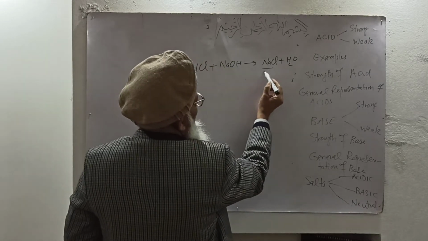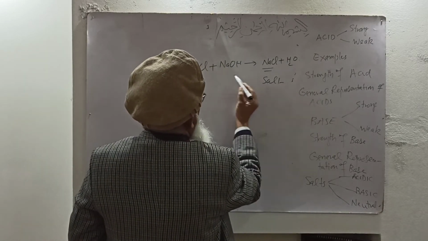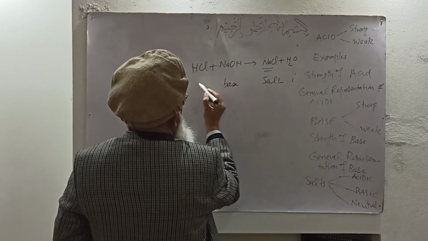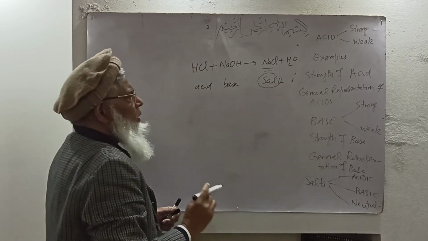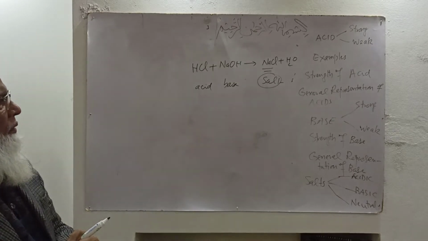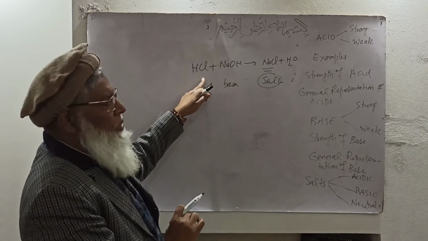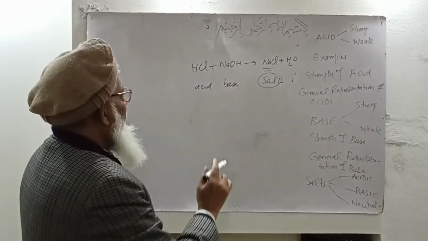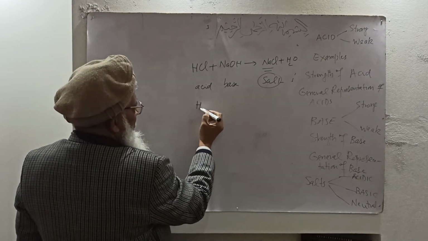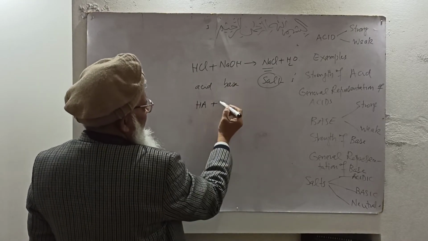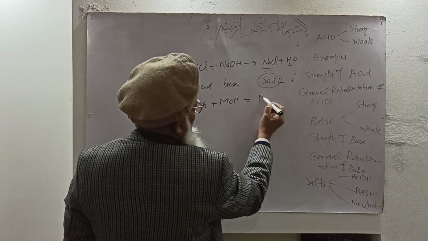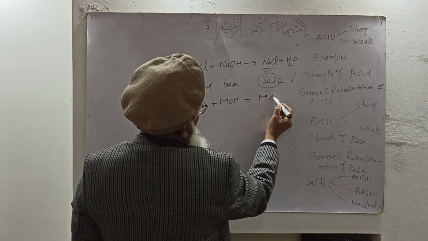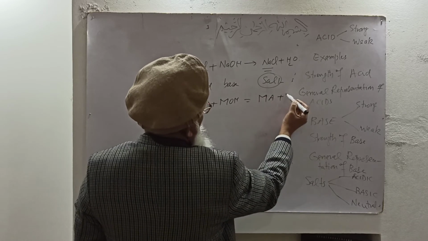This sodium chloride is a salt. This is the base, this is the acid. So this salt is the neutralized product of an acid and a base. If the acid is written as HA, the base is written as MOH, and the salt may be written as MA plus H2O.